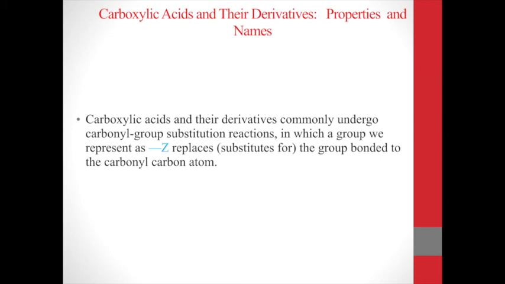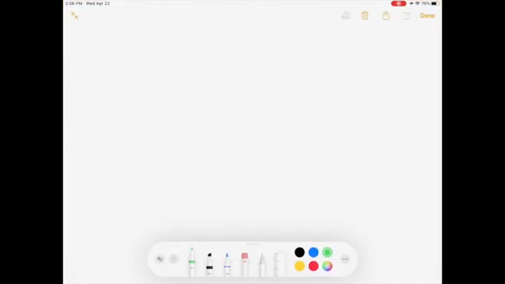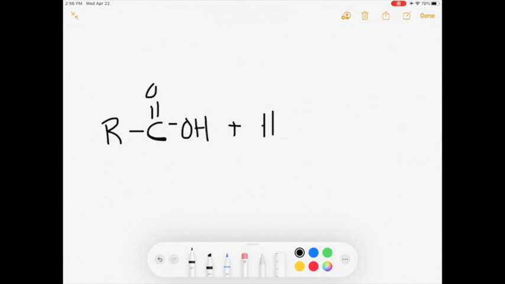So just to give you an example, here we have the carboxylic acid, and it's going to react with a group, depending on what reaction we're looking at here.